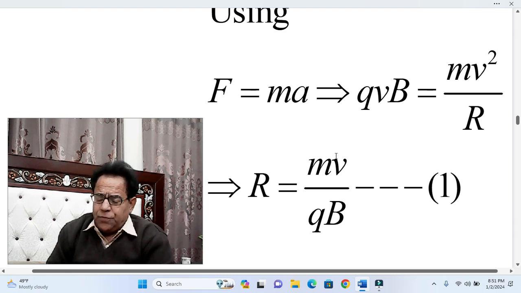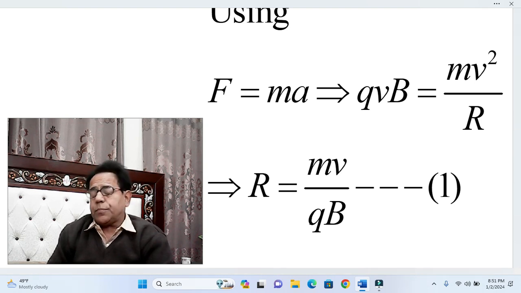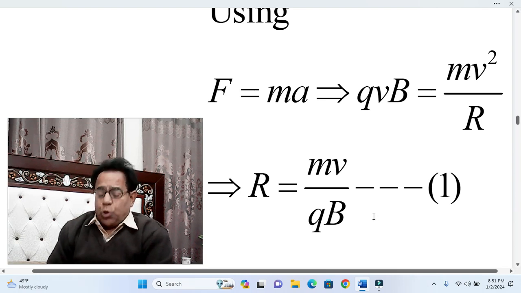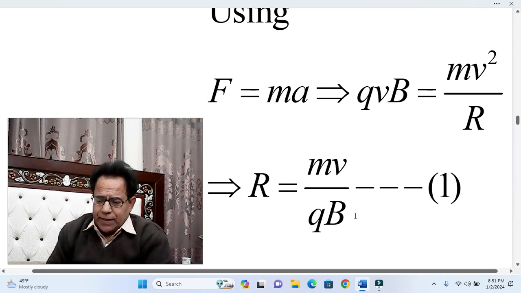However, the value of V is provided in the statement. Similarly, the value of B is provided in the statement, 0.4 Tesla. The value of small q, that is small e, the elementary charge, charge on an electron or a proton, is given in the table included as a snapshot in this problem. So once again, in this equation four parameters are involved.